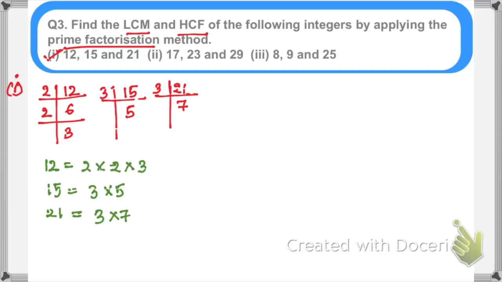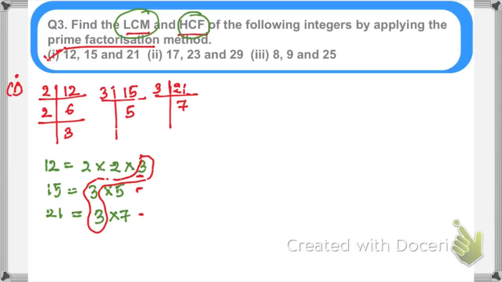Okay. So now we need to find the HCF as well as the LCM. What are the common numbers between them? Is 2 common? No, 2 is not present in the factors of 15 and 21. Can 3 be taken as common? Yes, of course, because 3 is common in all the 3 numbers.